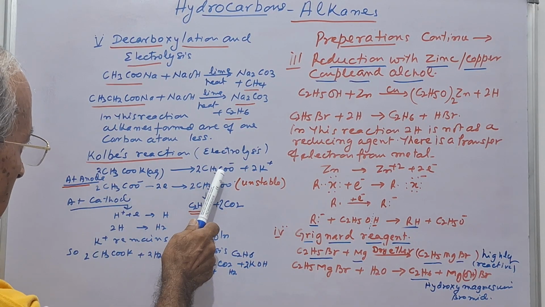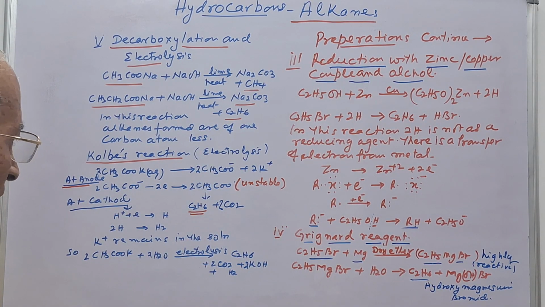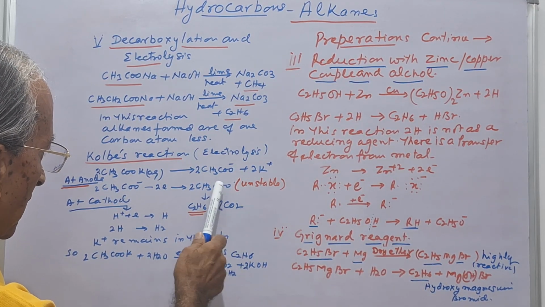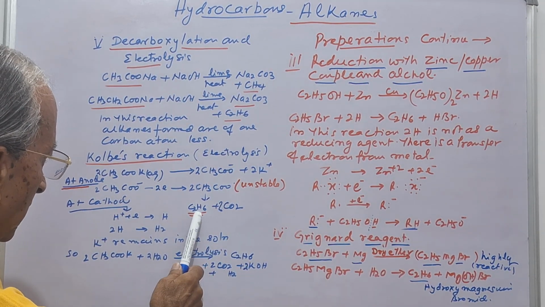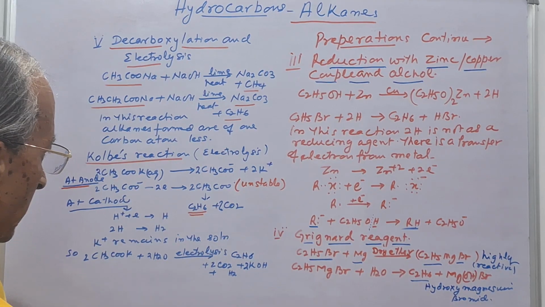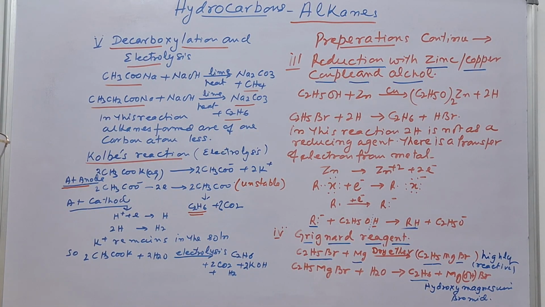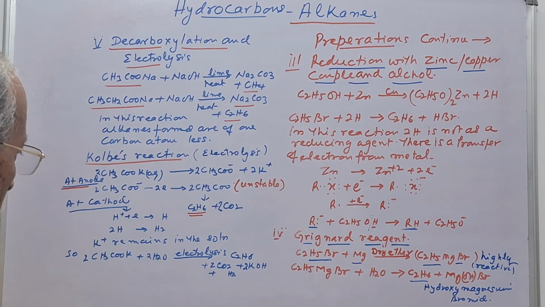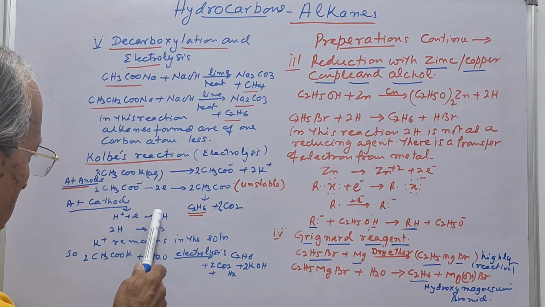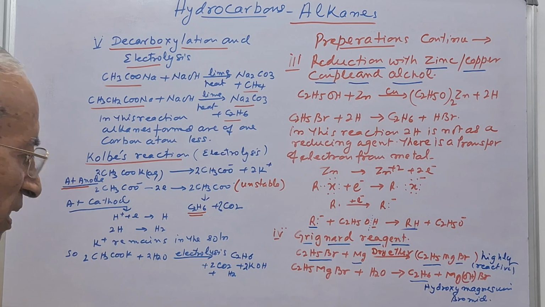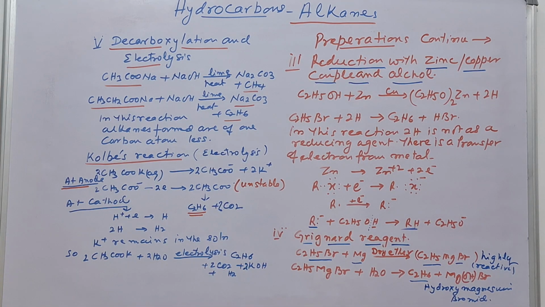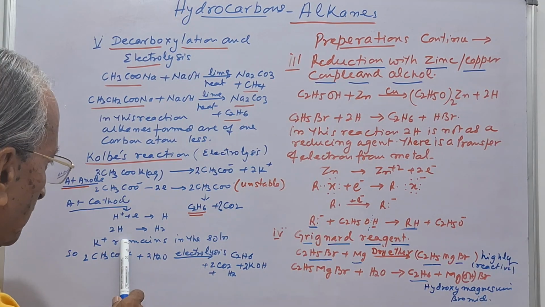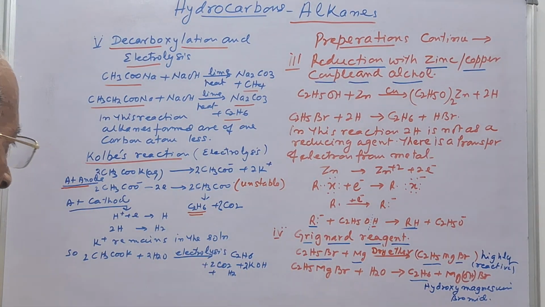At the anode, the acetate ions go there and form CH3COO, which is unstable. Then two molecules join to form ethane and carbon dioxide. But at the cathode, hydrogen and potassium are there. Hydrogen ions take the electron, form hydrogen gas and are released at the cathode, while the potassium remains in the solution, and this potassium forms KOH.